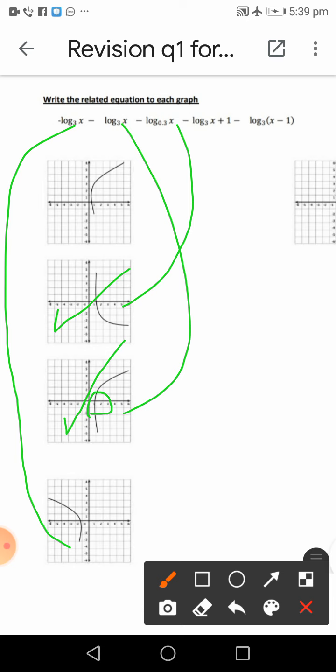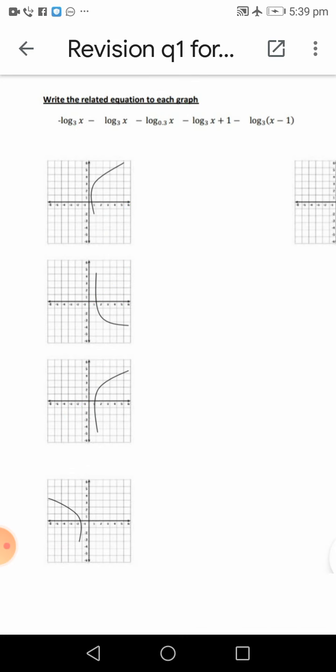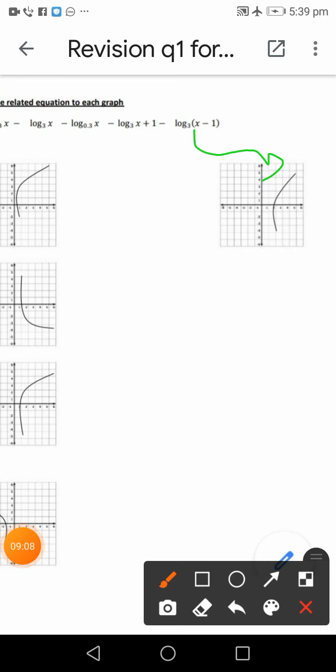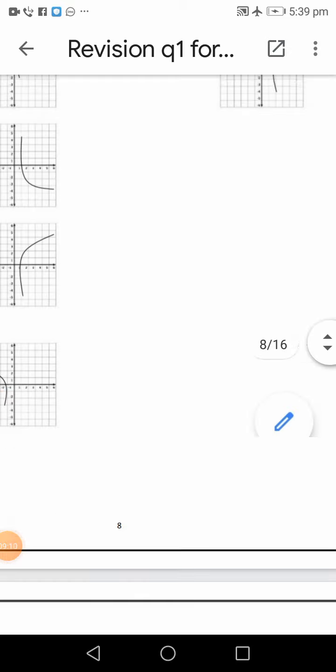Here log x plus 1 is the whole function shifted up, and the final one will be shifted to the opposite right. Okay.